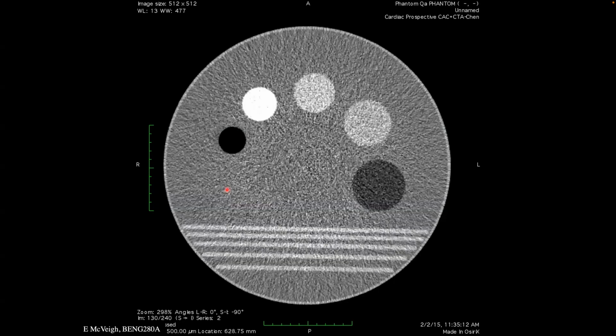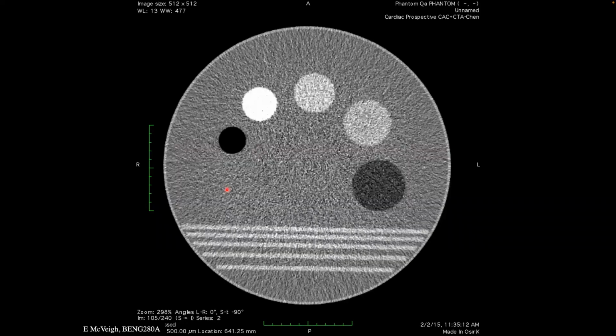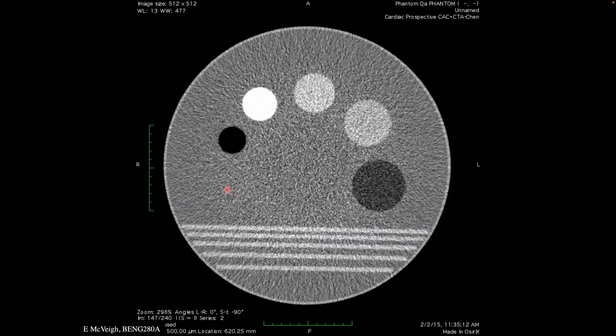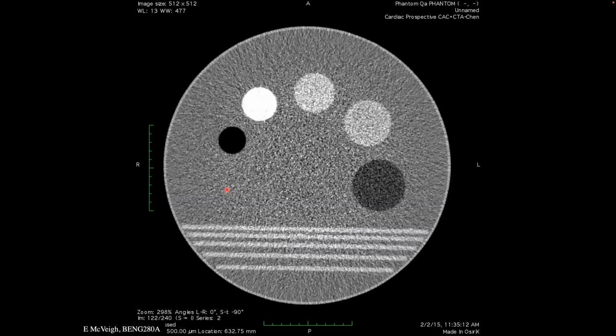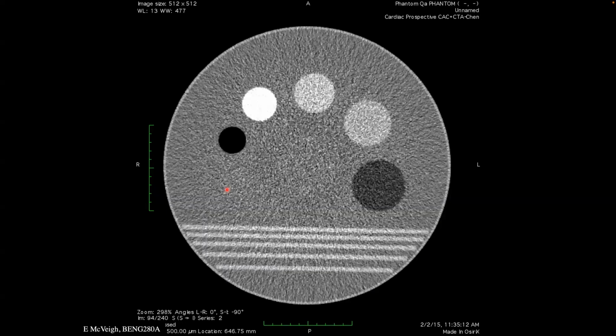So edges in CT are obviously an interesting thing, because remember, in our projections, if you have any kind of sharp change, when you do the convolution, that just amplifies up enormously.